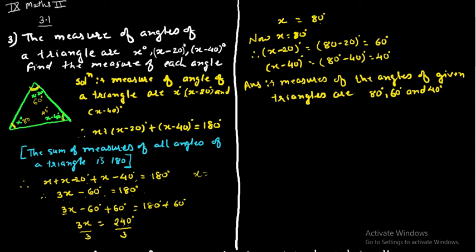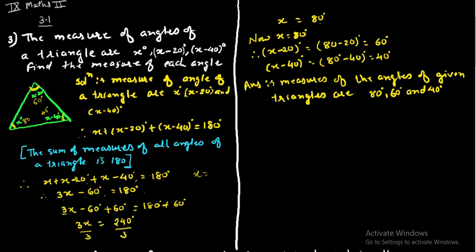The 60 is in the form of subtraction, so we will add 60 on both sides, or you can directly write 3x is equal to 180 plus 60. Here the 60 will be cancelled. So 3x is equal to 180 plus 60, that is 240 degree. To get x, see here the 3 is in the form of multiplication, so on both sides we will divide by 3.